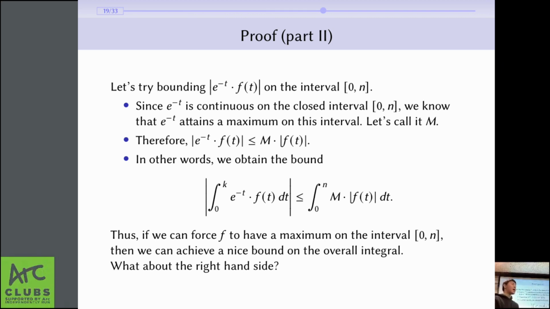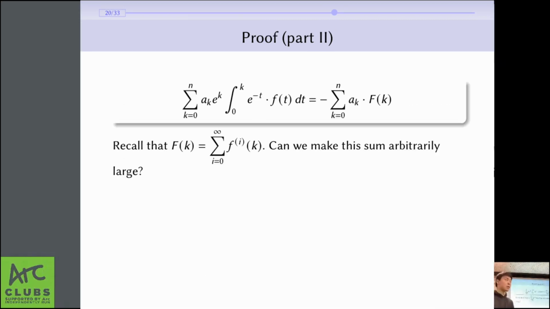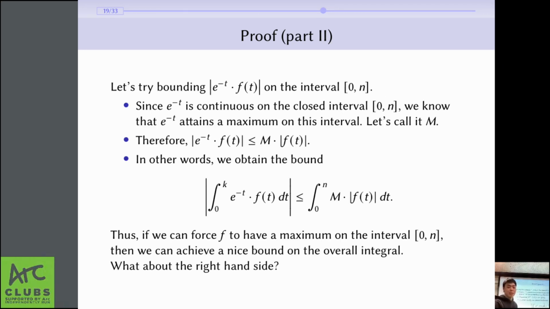We're going to now work on the right-hand side a little bit, and then once we figure out what the right-hand side is, then maybe we can come to some bound on the left-hand side. So on the right-hand side, we want to make this sum arbitrarily large. Remember that on the previous slides, we know that this integral was bounded above.